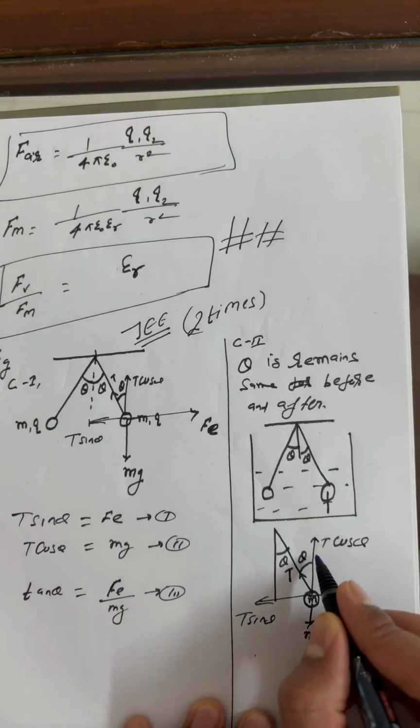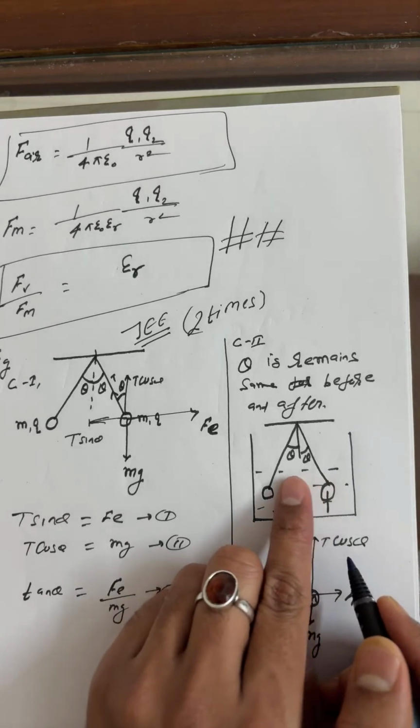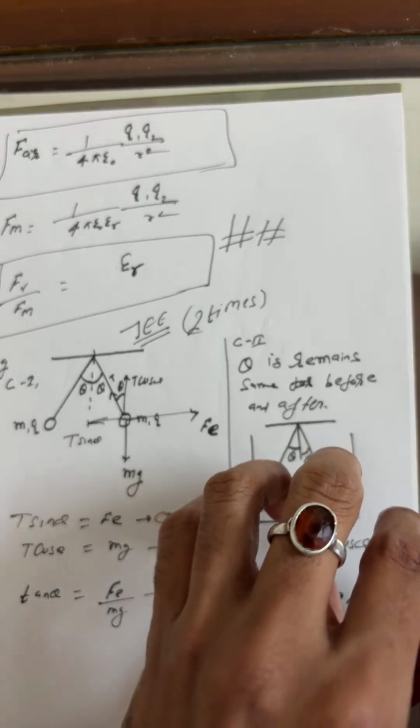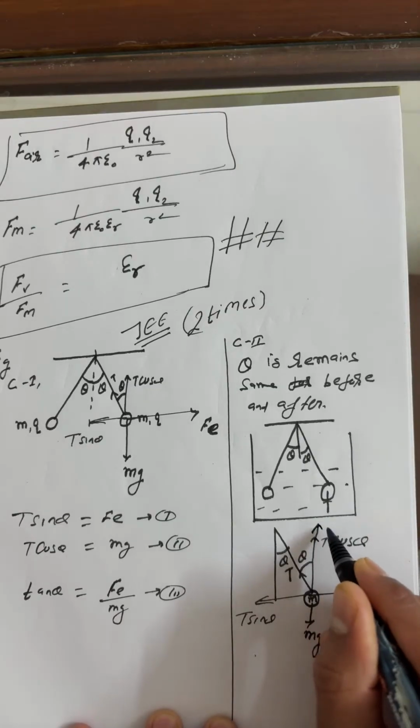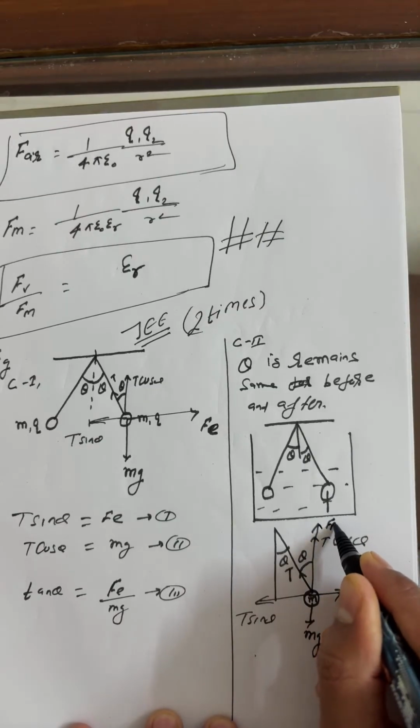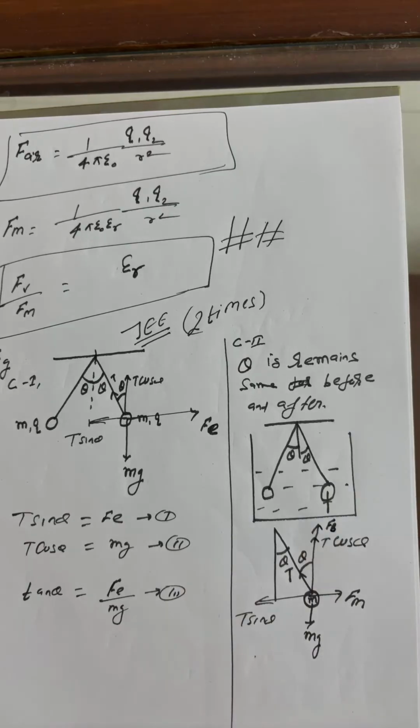One more thing: if you are dipping something in a liquid, there is one more force. This is the buoyancy force. Now I can say the entire system is in equilibrium.